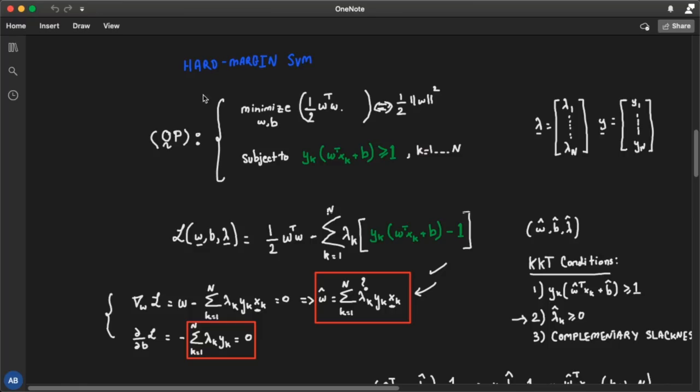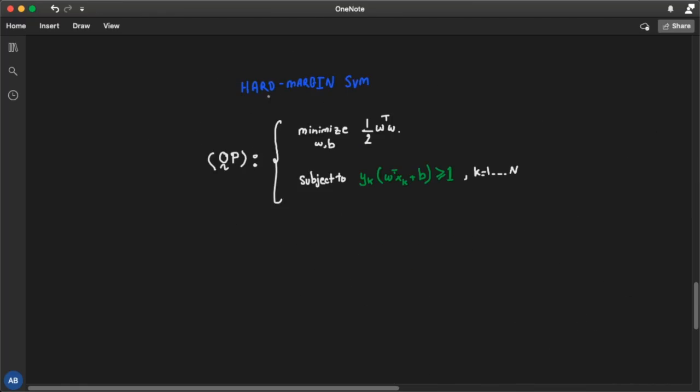So instead of the hard margin SVM, which looks like this, we're going to take a smooth or a soft approach. So we're going to add new variables over here, which we will be calling xi, right?